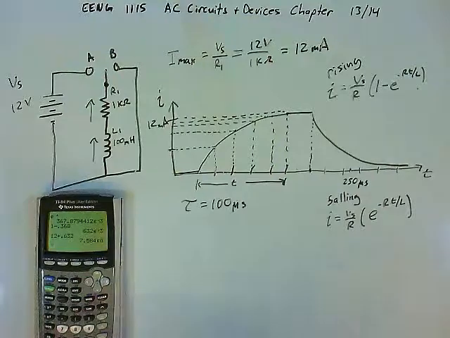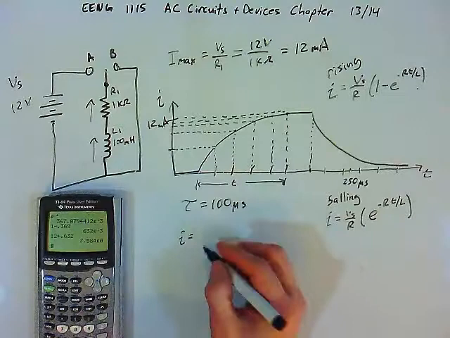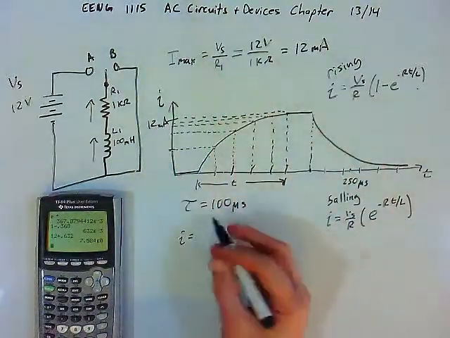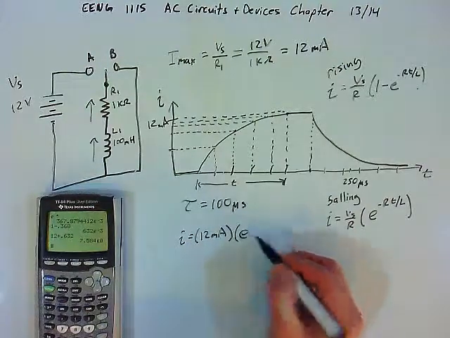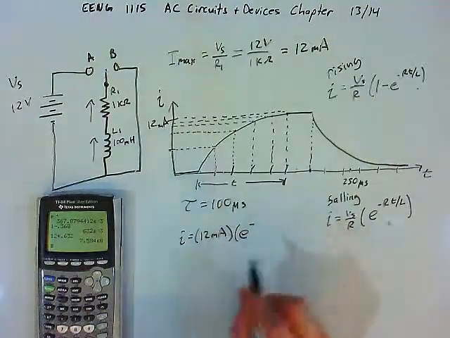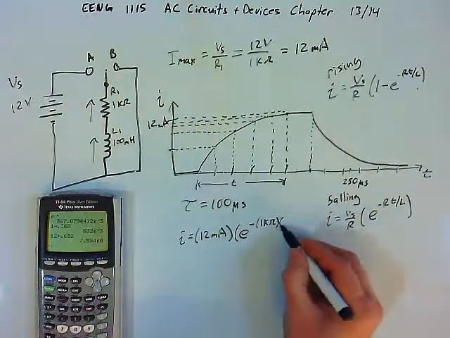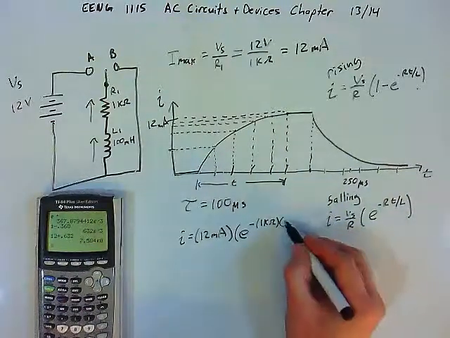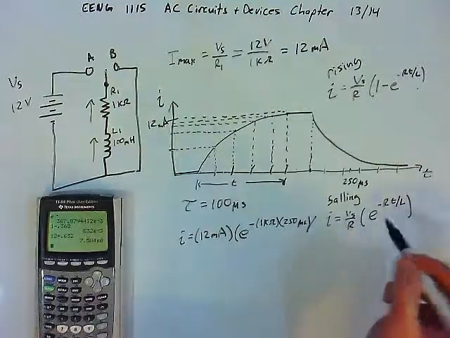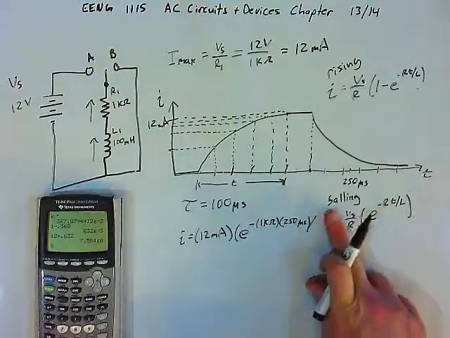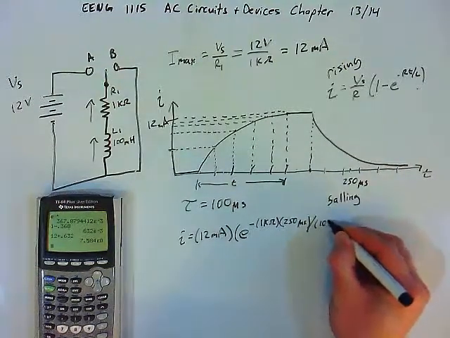I'll go ahead and work this out again. The instantaneous current will be equal to Vs over R, which is our maximum possible current. Vs over R is 12 milliamps, times e to the negative R, which is 1 kilo ohm, times t, which I'm looking for 250 microseconds, divided by the inductance of 100 millihenries.